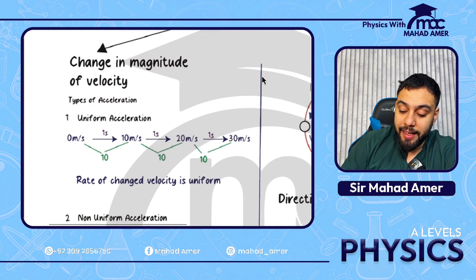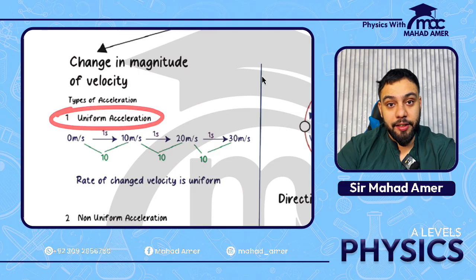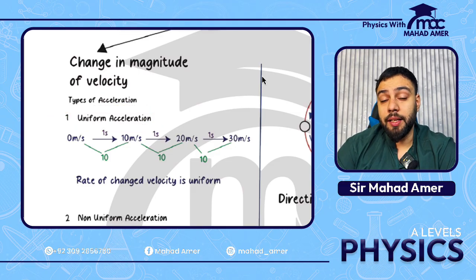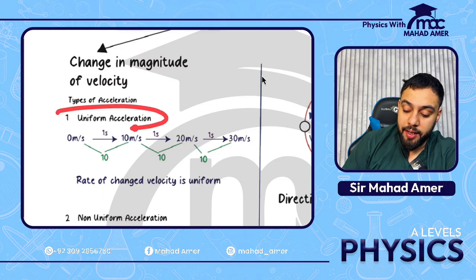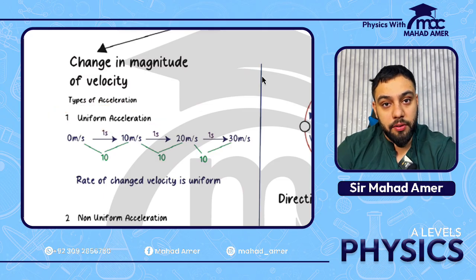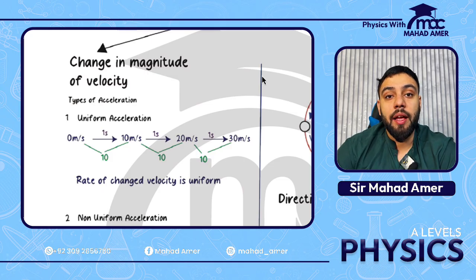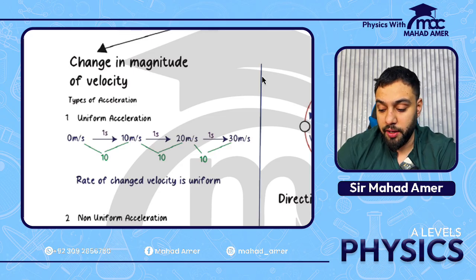First one is uniform acceleration. This uniform acceleration is a very, very important part of our syllabus. Uniformly accelerated motion is asked in a lot of detail when it comes to IAS.